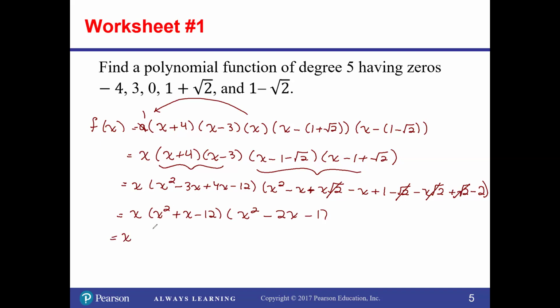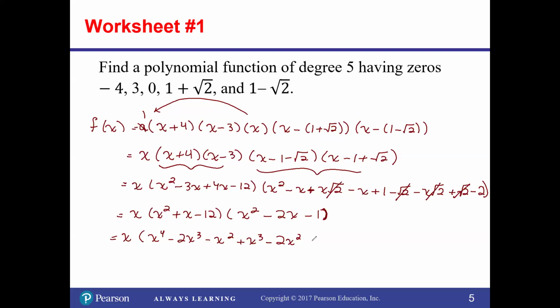So now we'll just FOIL here. x squared times x squared is x to the 4th, x squared times -2x is -2x cubed. X squared times the -1 is negative x squared. X times x squared is x cubed. X times -2x is -2x squared.